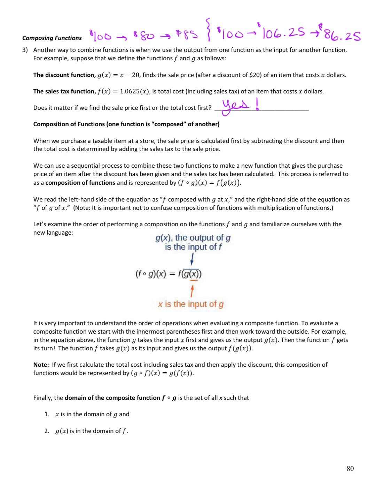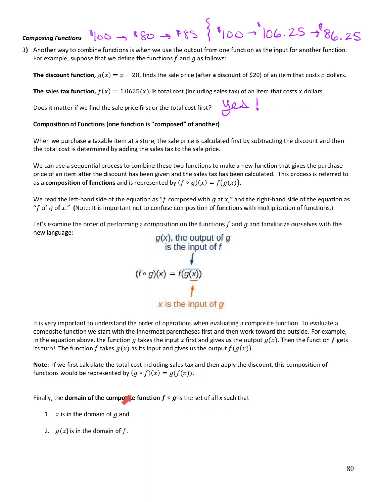So x is the innermost parentheses, so we're going to apply the g formula to the x, take the result and apply that to f. If we first calculate total cost, including sales tax, and then apply the discount, this composition would be g composed with f, or g of f of x.